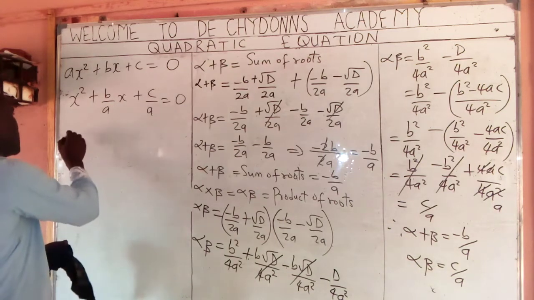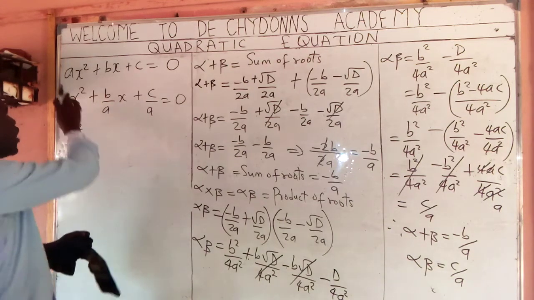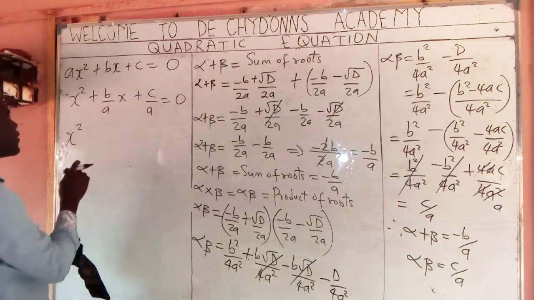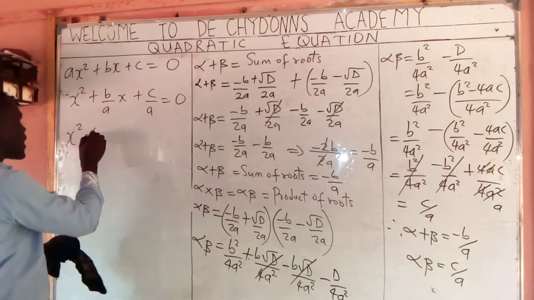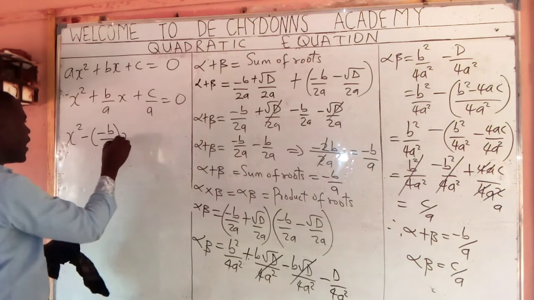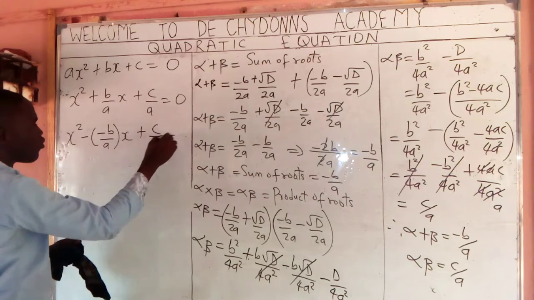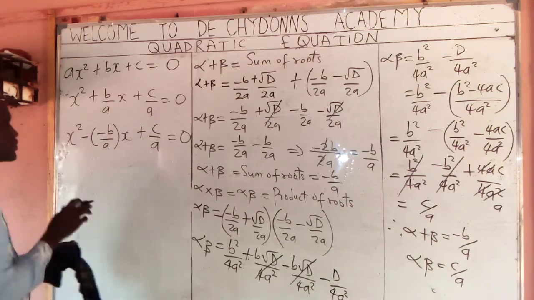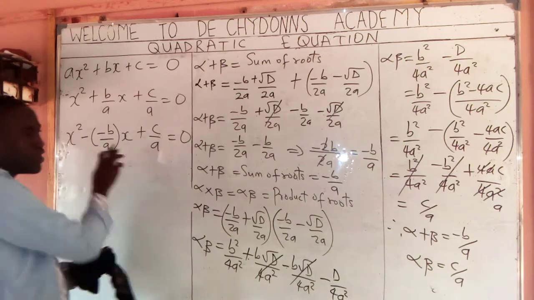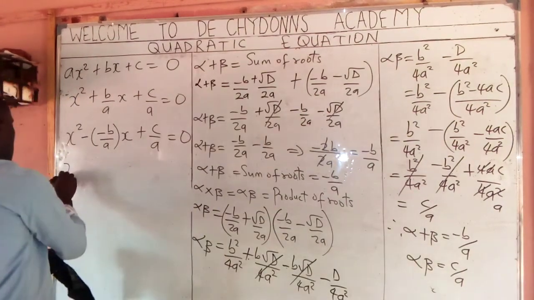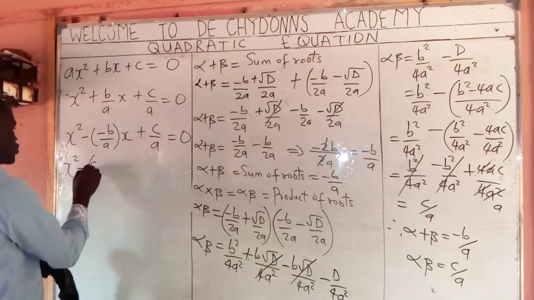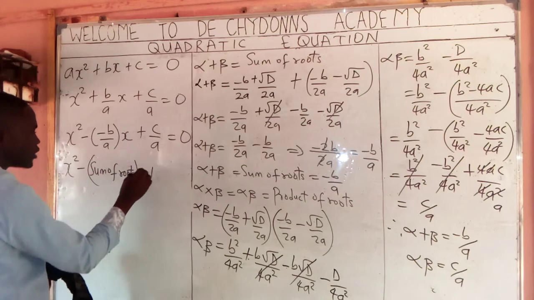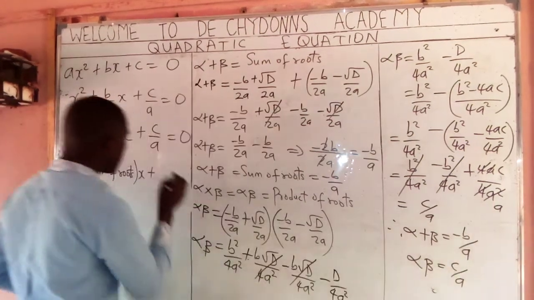Do you know that this simply means x squared? When you use a to divide everything, it gives you this. When you return back, it will give you back. Now this means x squared minus bracket minus b over a x plus c over a equals 0. You see, they are the same because minus times this will give you back this. Now, do you know that minus b over a means sum of roots? x squared minus sum of roots x plus, do you know that c over a is product of roots?